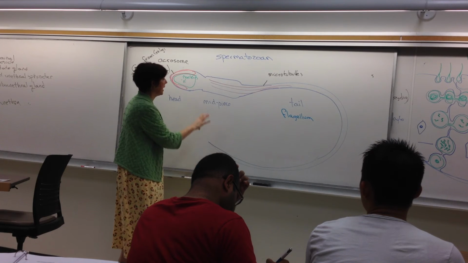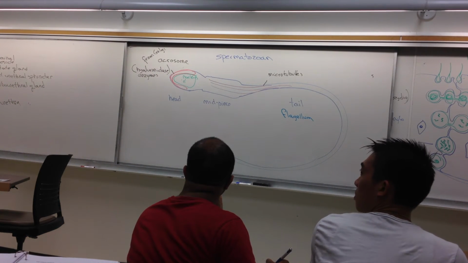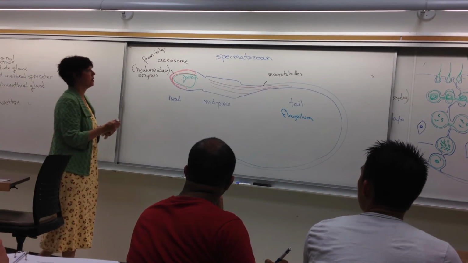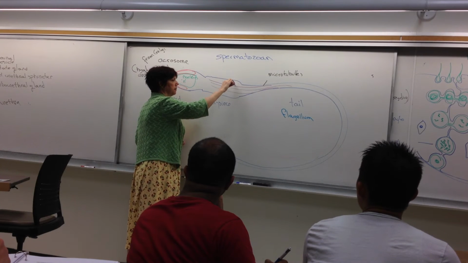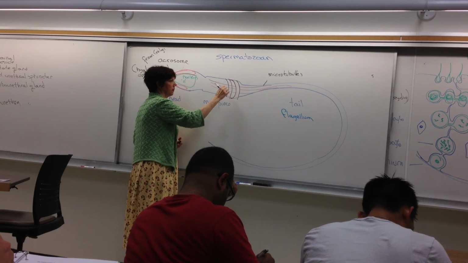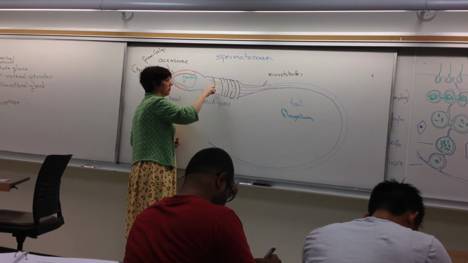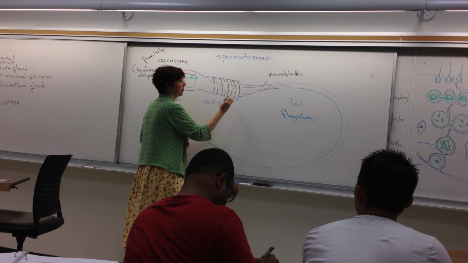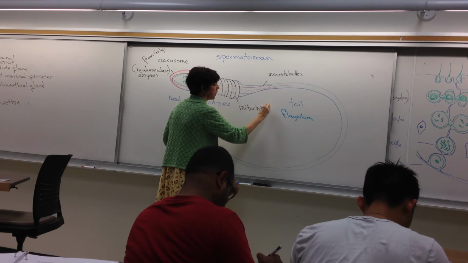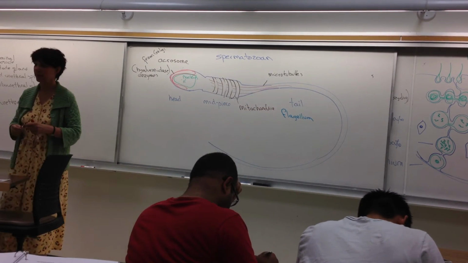And then surrounding the microtubule structures that are having their origin in the midpiece, we have rings of mitochondria. And this, of course, is where we're producing the ATP for the movement of the microtubules.